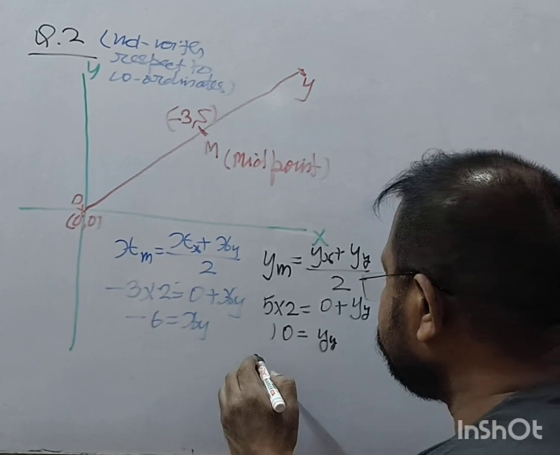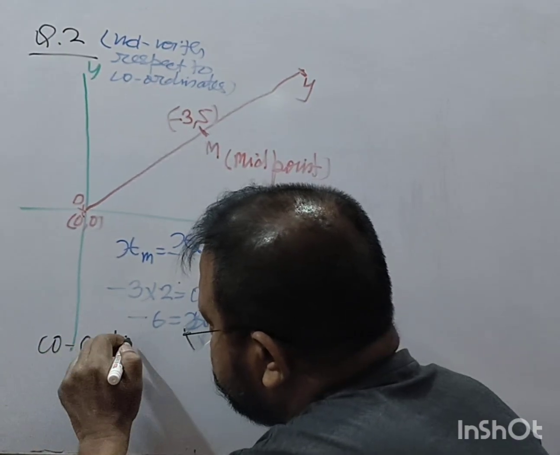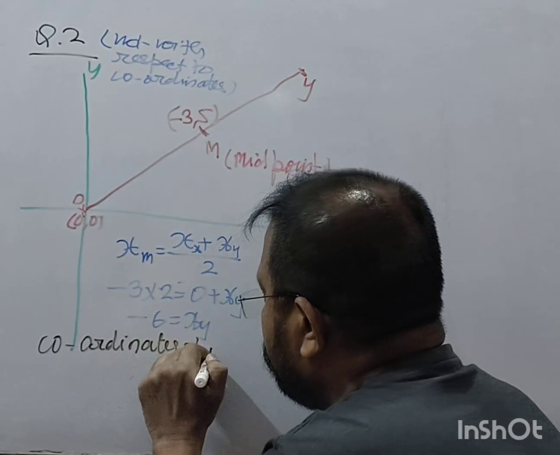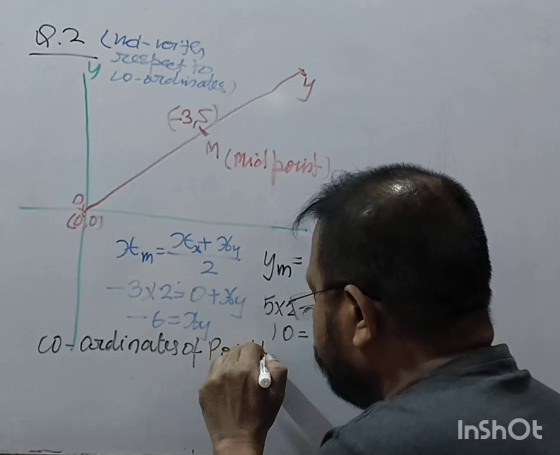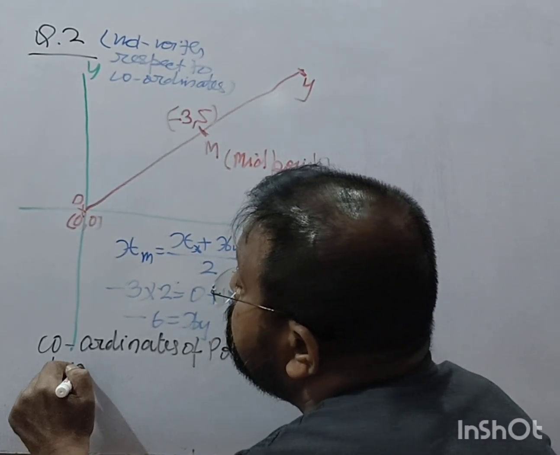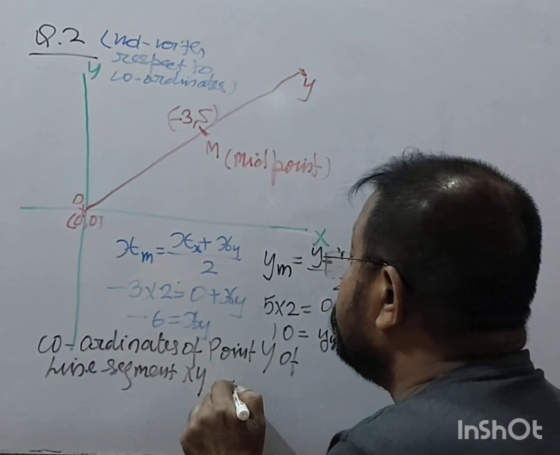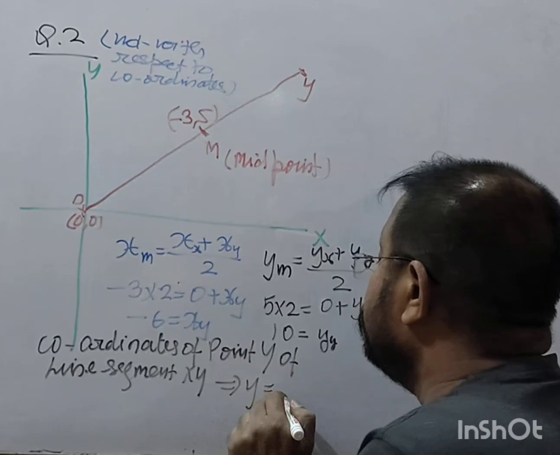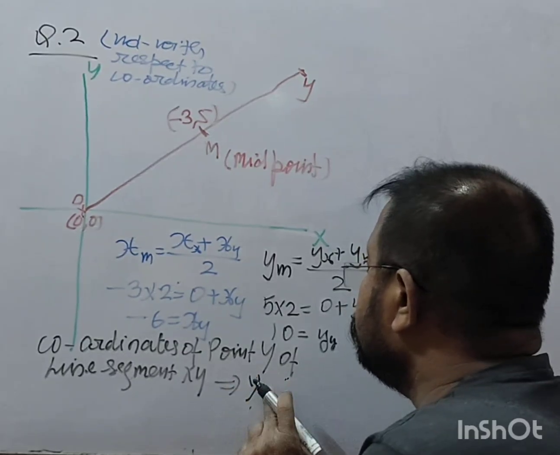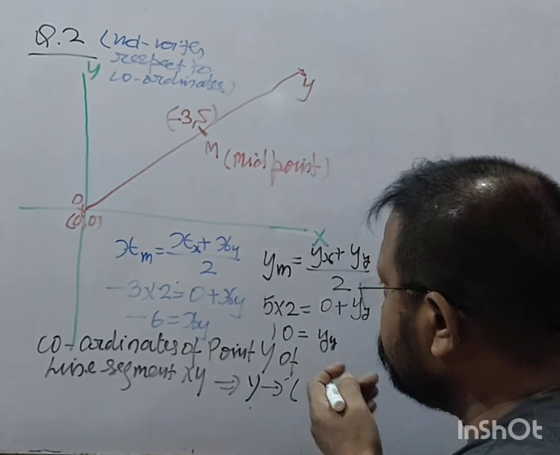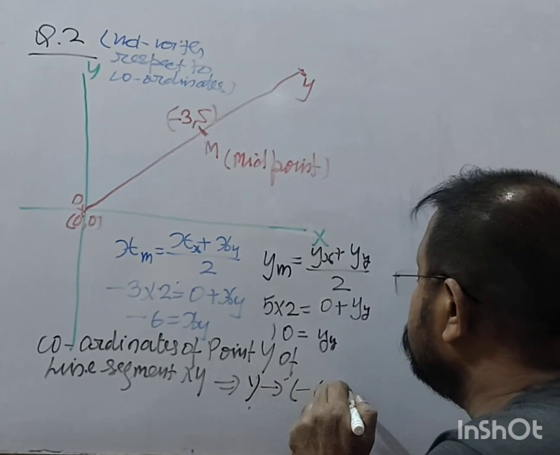So the coordinates of point Y of line segment XY are minus 6, comma 10.